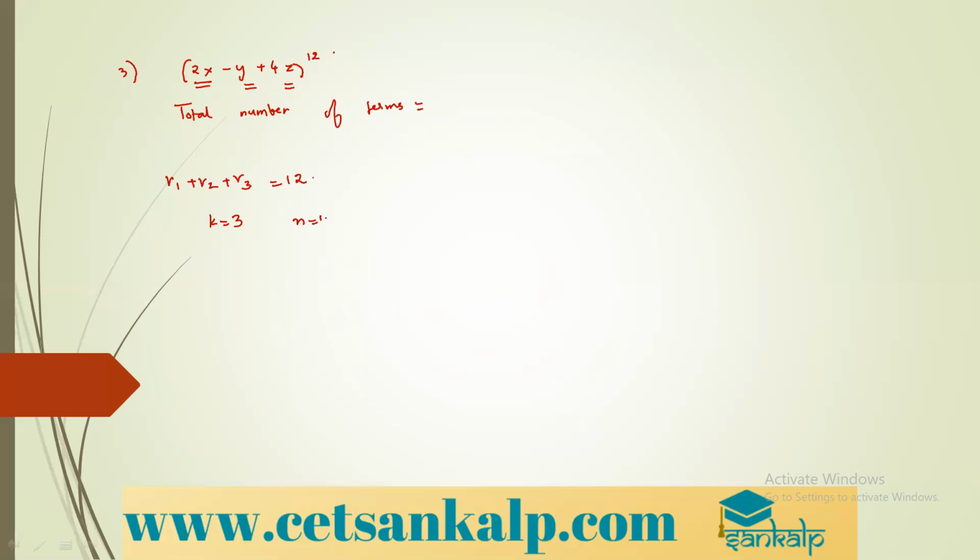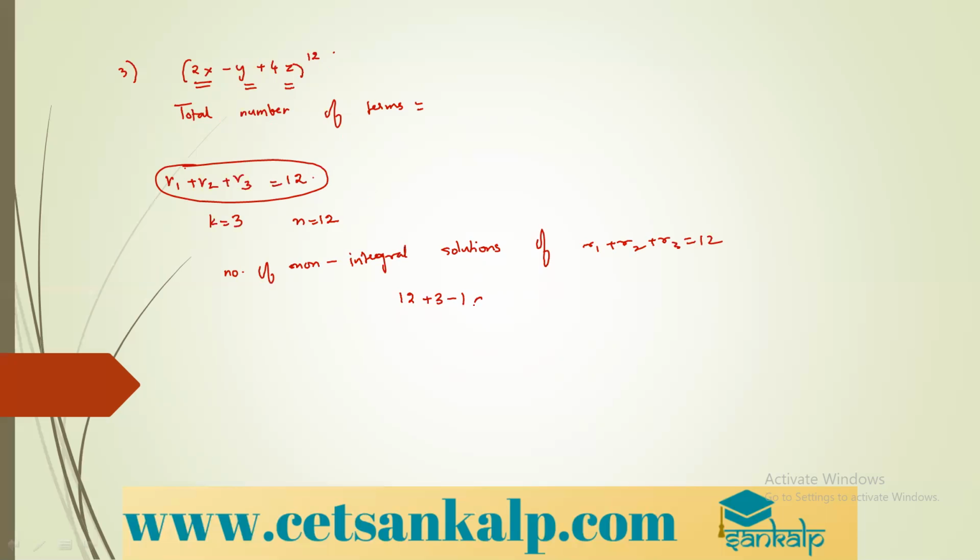The power n is 12. And so in this equation, I'm talking about this equation. So the number of non-negative integral solutions of this equation R1 plus R2 plus R3 equal to 12 will be n plus k minus 1 C k minus 1.